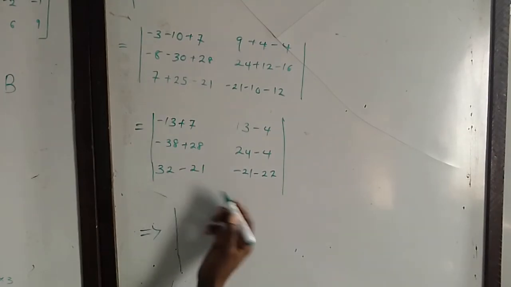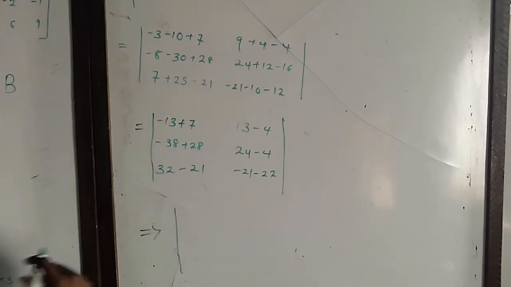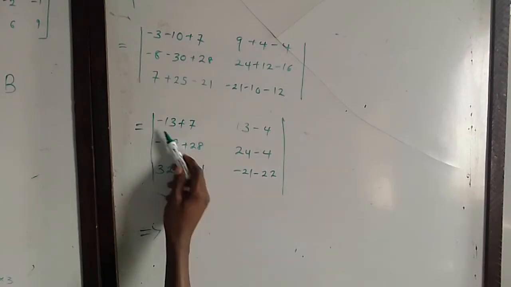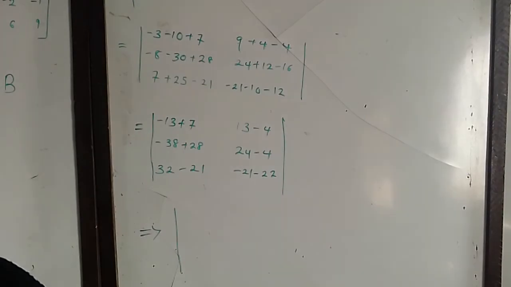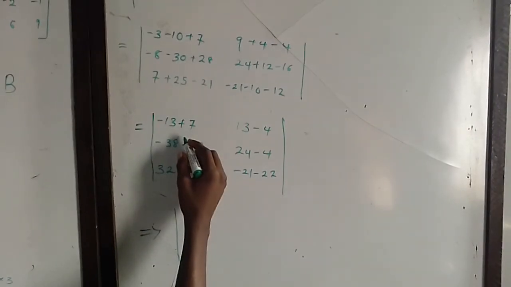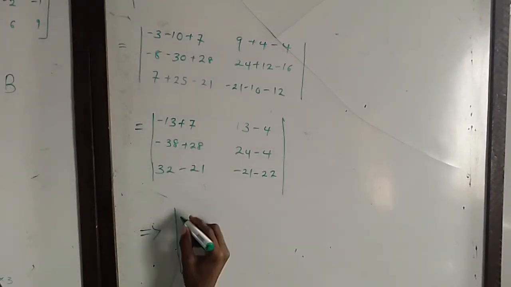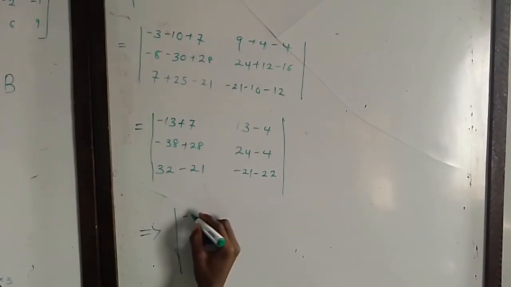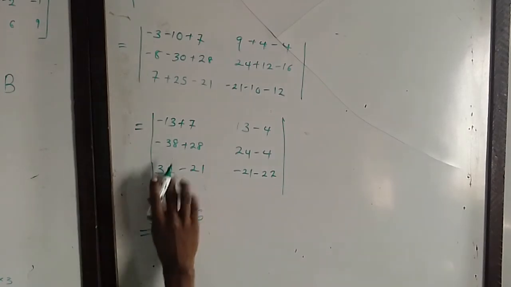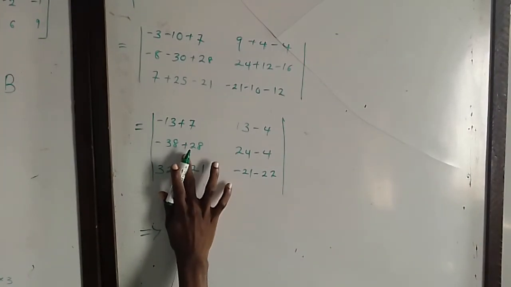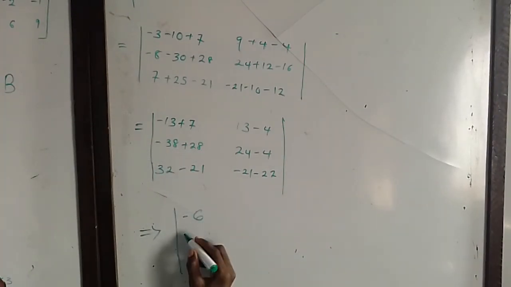So now you are having minus 13 plus 7. So you are going to take 7 out of minus 13. So you are going to have minus 6. Then minus 38 plus 28 is going to give you what?